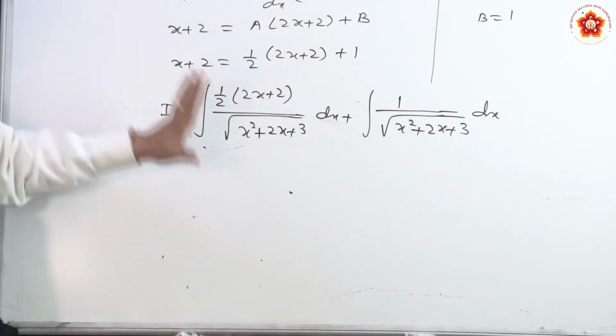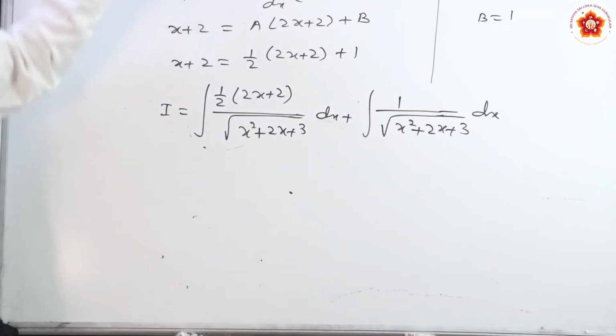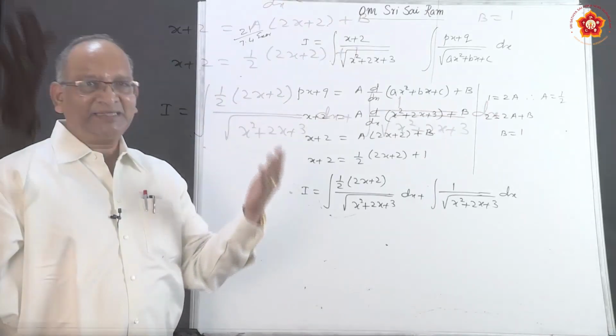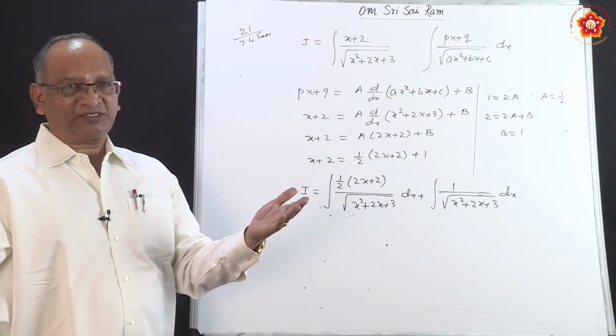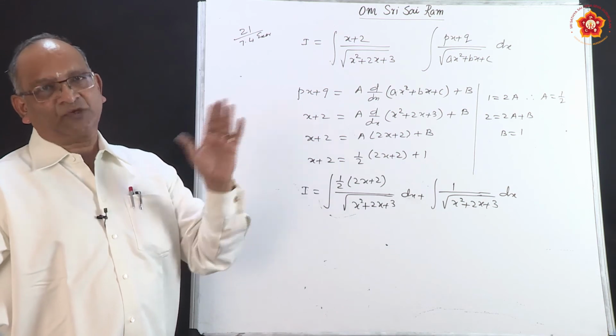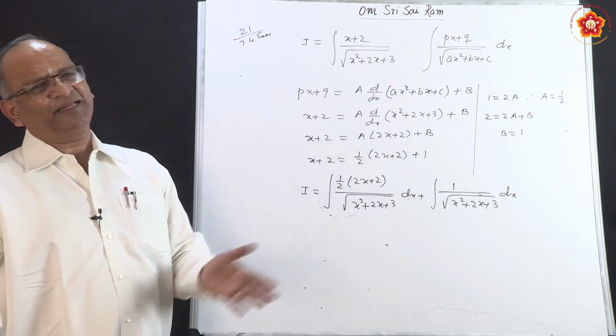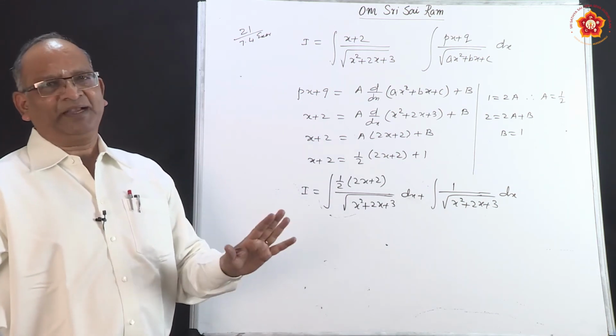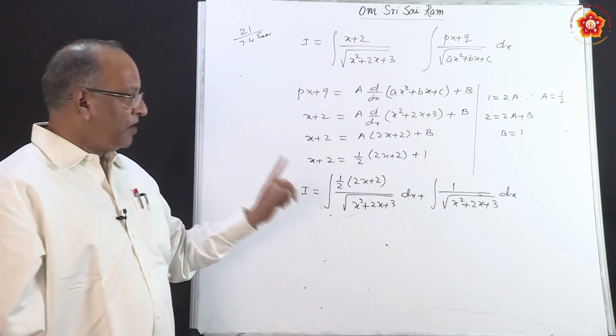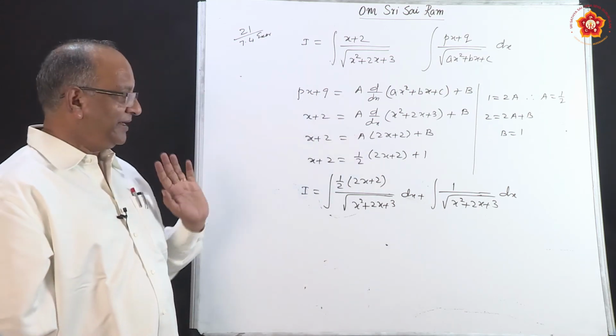So, this is the procedure of solving problems of the kind where the numerator is a linear polynomial px plus q and the denominator is a square root of a quadratic polynomial. Whether it is a square root or not does not matter, the procedure is the same. Now we can integrate it. How to integrate?